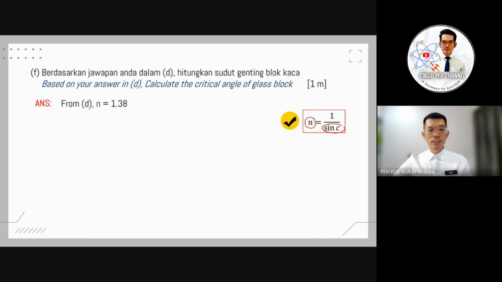From my answer in D, where n is equal to 1.38, you also substitute the value in the formula given here. Rearrange, and you get your critical angle equal to 46.47 degree. So correct unit and 2 decimal places here, and you will get your 1 mark. This question is considered quite easy lah.